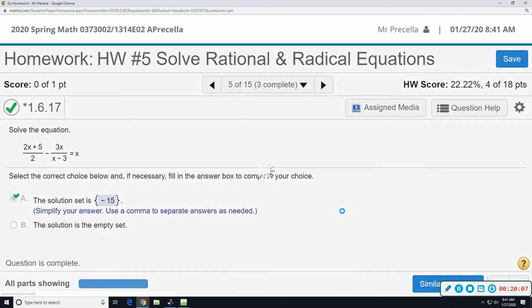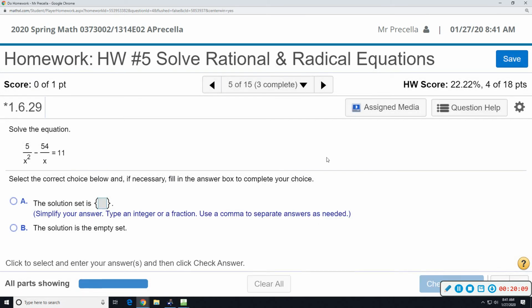Let's do the next odd one, number 5. Here's problem number 5. Let me write it down. This type of equation appears or happens quite a bit.